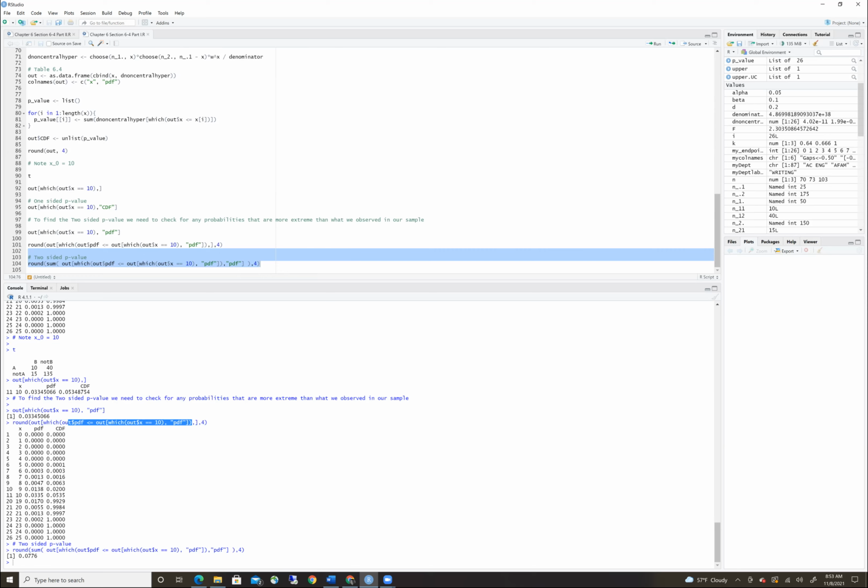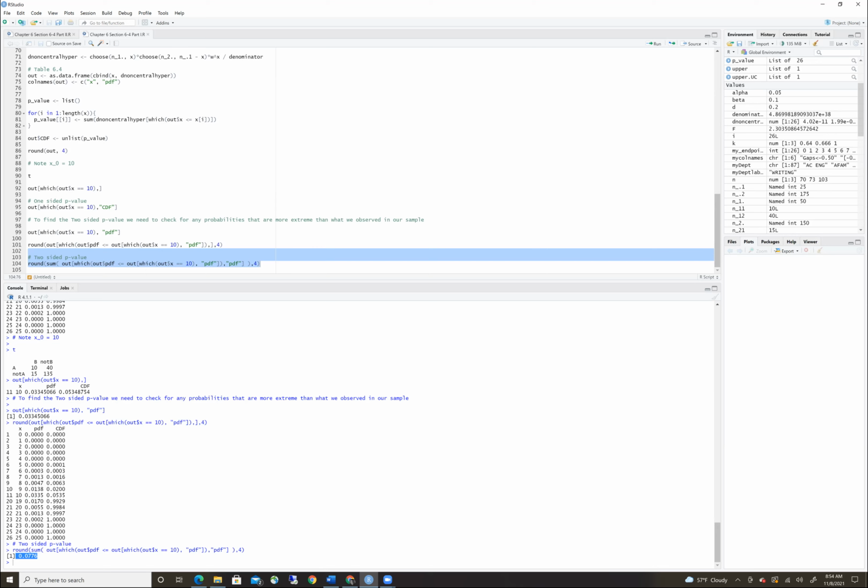At 10, we have a value of 0.0335. Now instead of just doubling this 0.0535, we look at the table and ask which of these have values that are smaller than 0.0335. Here I've pulled up all the numbers where that has happened. If I sum those up, that's how I'm getting the new two-sided p-value.